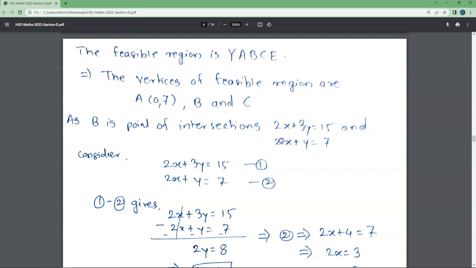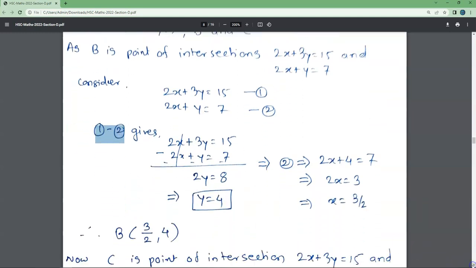So 2x is same, so we can just subtract one from other. When we subtract 1 minus 2, 2x and 2x will be cancelled. 3y minus y, that is 2y. And 15 minus 7 is 8. So this 2 will go on this side, 8 upon 2, that is 4. So y is equal to 4.